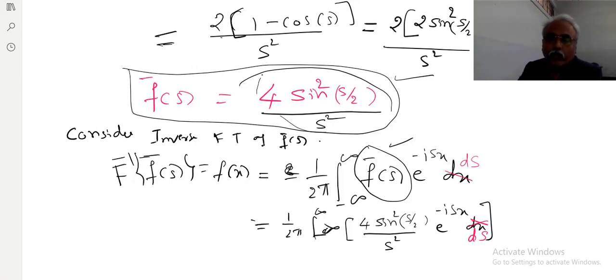Now this 4 you can adjust here. So this 2 pi will transfer here, 2 pi f of x equals the integral from minus infinity to plus infinity of sine square s by 2. This 4, if I transfer here, I should write s square by 4, or s by 2 whole square.